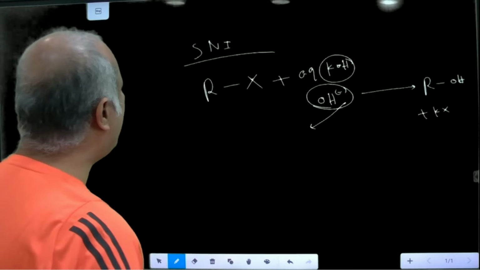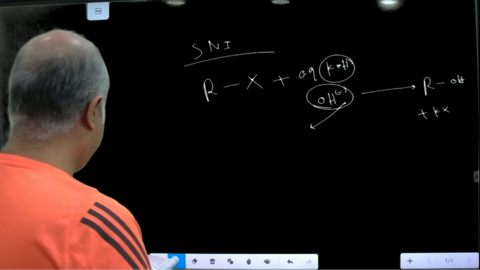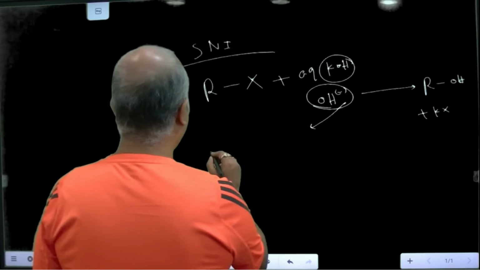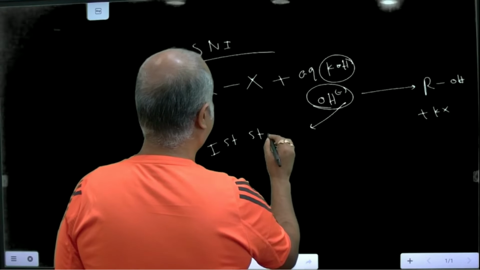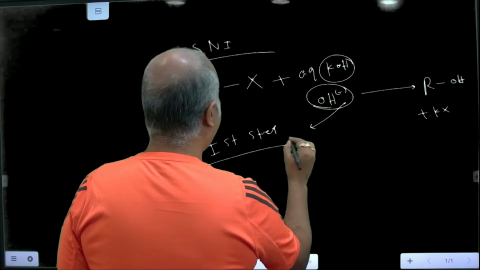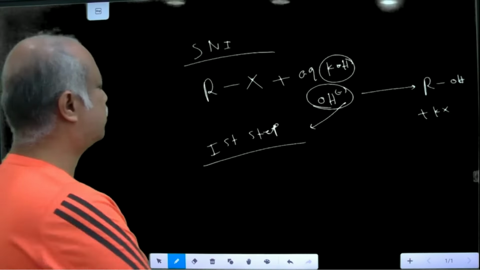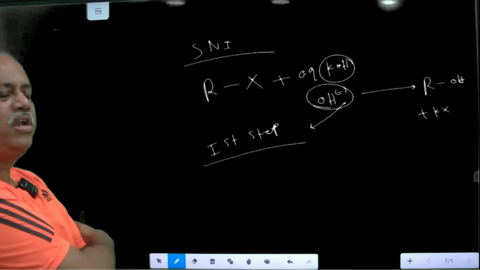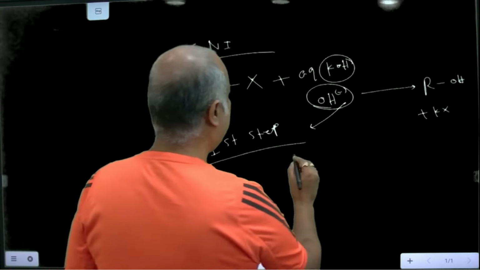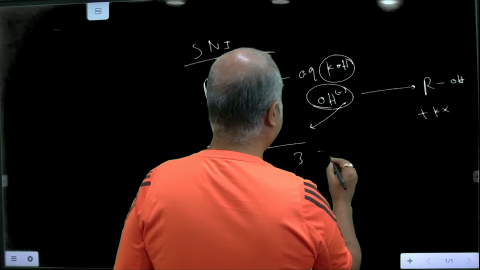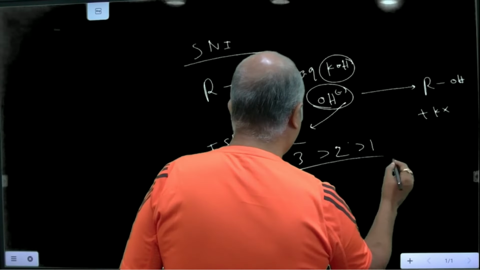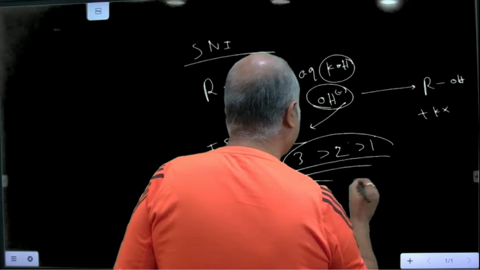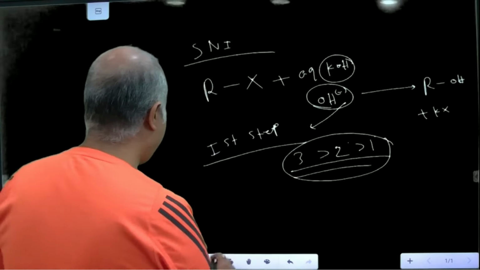In the SN1 reaction, there are two steps. First step, formation of carbocation. Tertiary is greater than secondary, greater than primary.